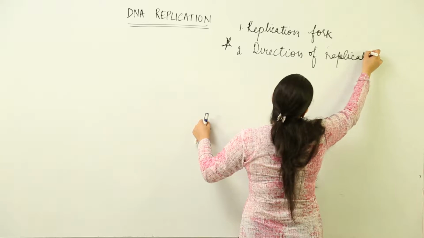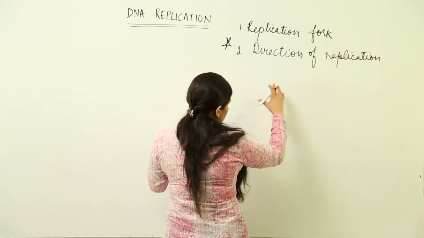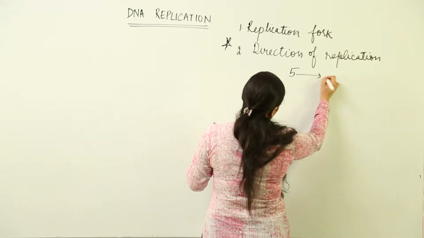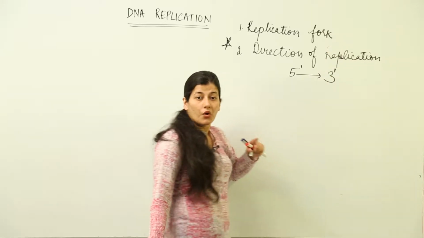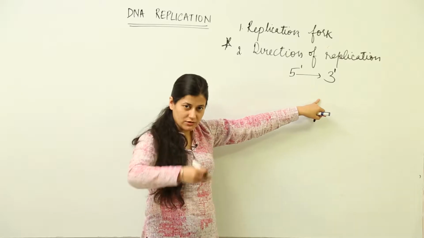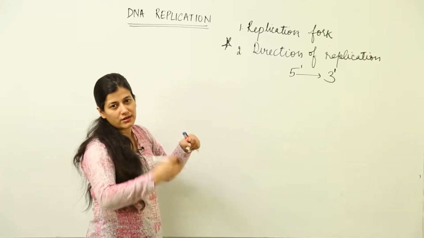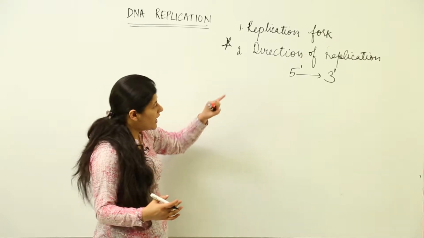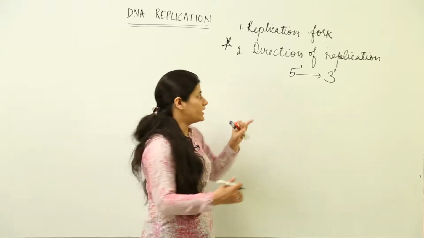I would ask you to revise the structure of DNA and then come to this topic. Direction of replication is always, without any error, 5' to 3'. You know the strands of DNA have polarity, one is 5' to 3', the other is 3' to 5', and the direction of replication is always 5' to 3'.